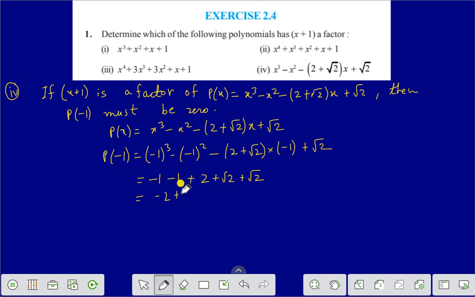Then we are getting minus 2 plus 2 plus 2 root 2. Root 2 plus root 2 is 2 root 2. That is, we are getting 2 root 2.